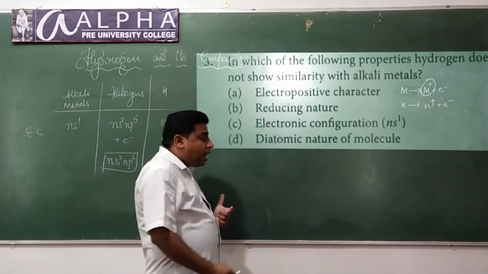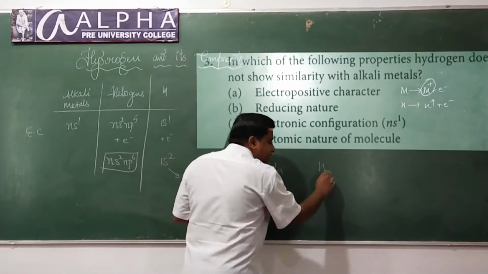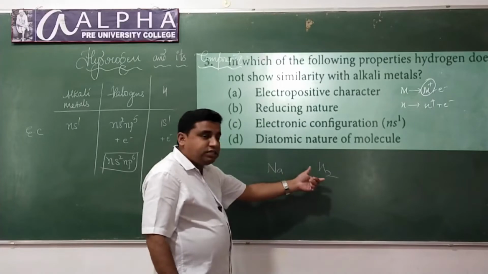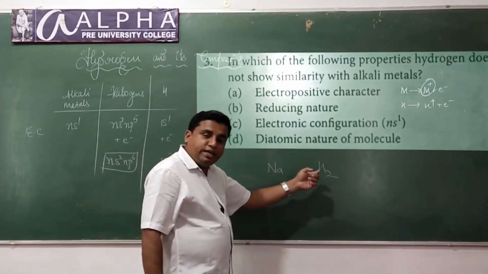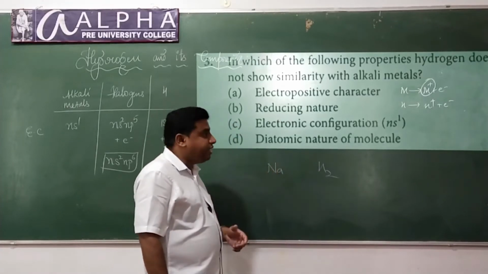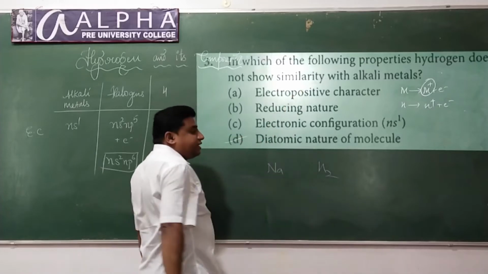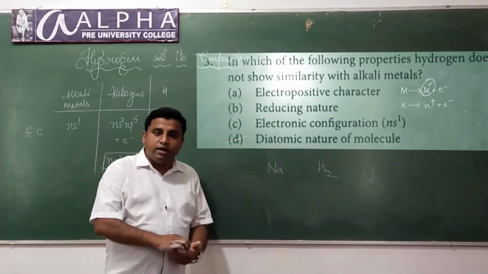But alkali metals are monoatomic, while hydrogen is diatomic. That means hydrogen does not resemble alkali metals in this character. Hydrogen exists as a diatomic molecule, and alkali metals are monoatomic. Got it? Next question.